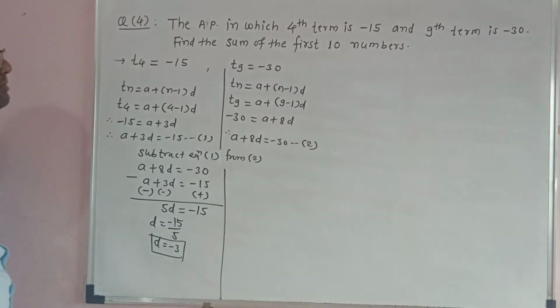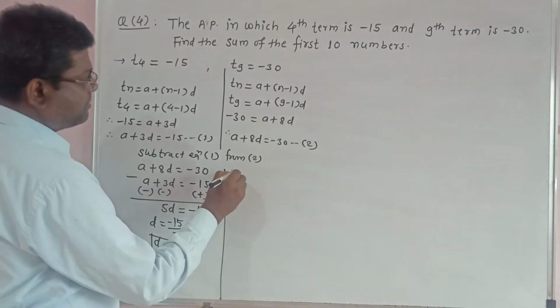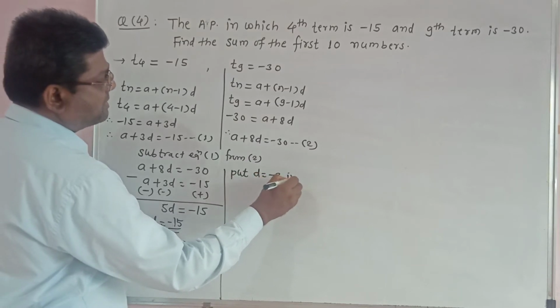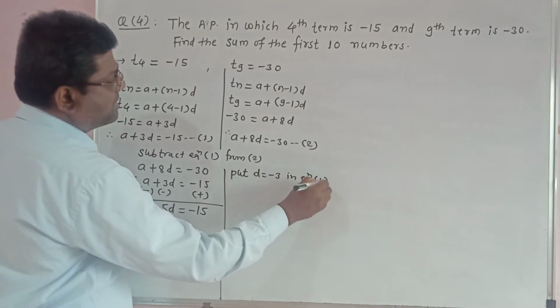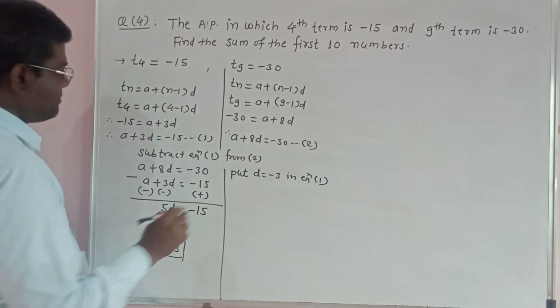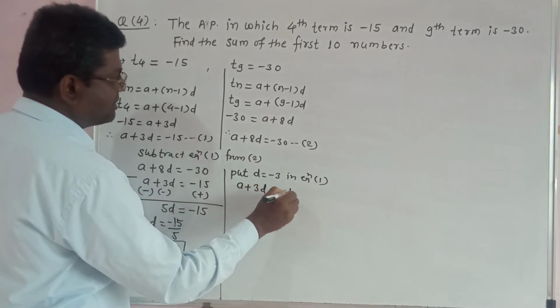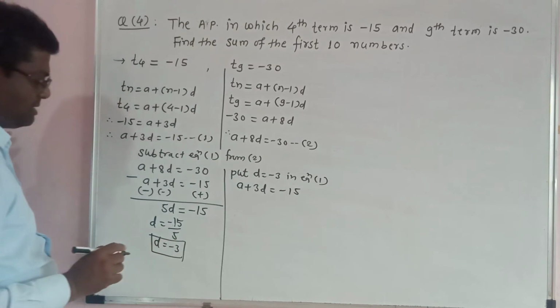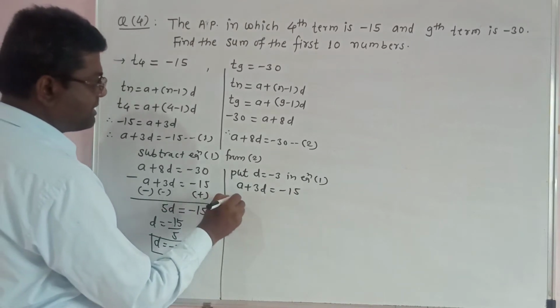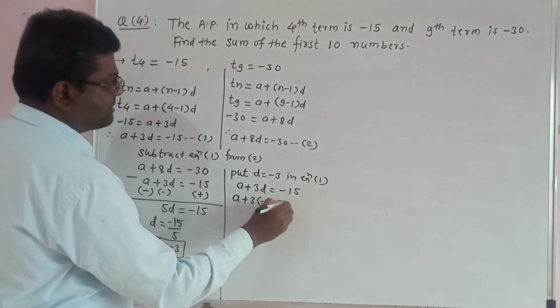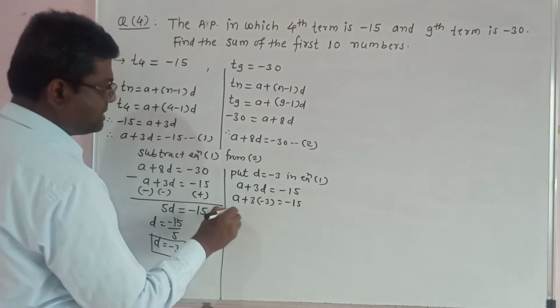We have to find the value of a. So put d is equal to minus 3 in equation 1. So equation 1 is a plus 3d is equal to minus 15. Now the value of d is minus 3. Therefore a plus 3 into minus 3 is equal to minus 15.